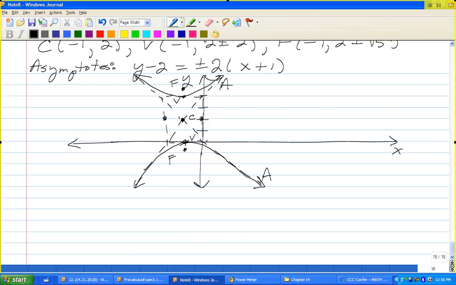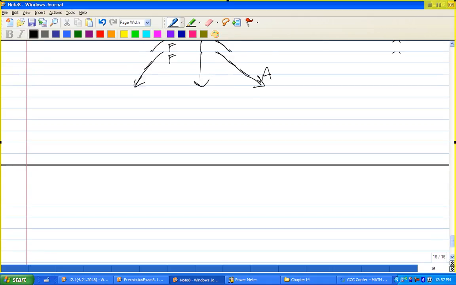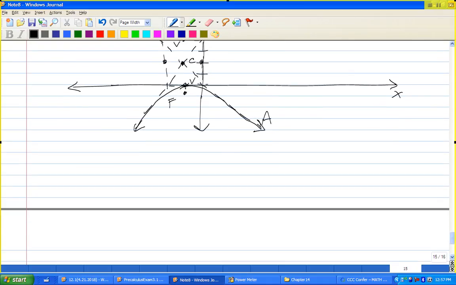23. x squared minus 25y squared plus 6x equals 16.